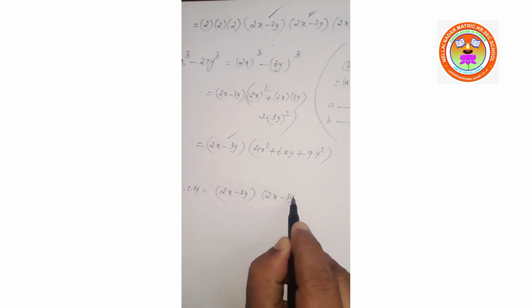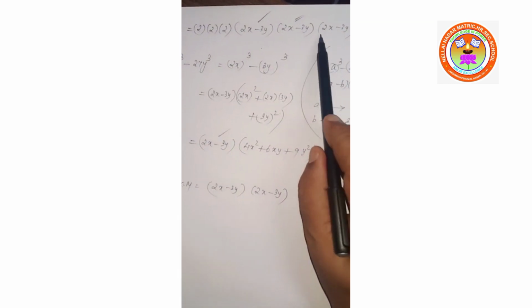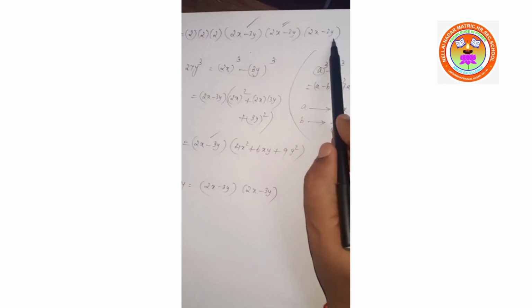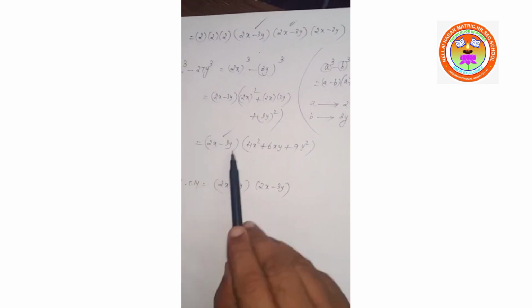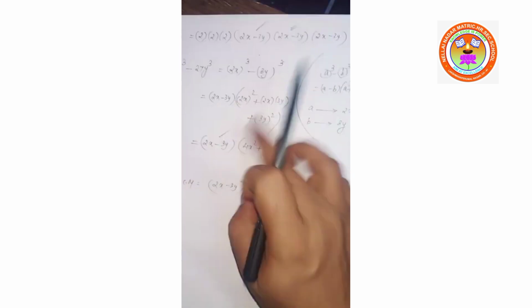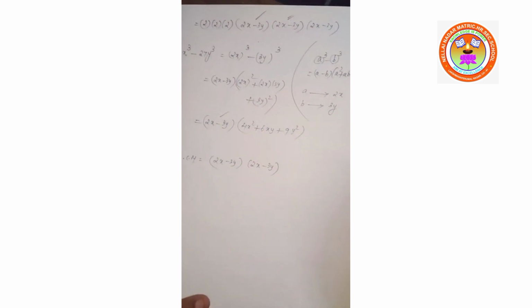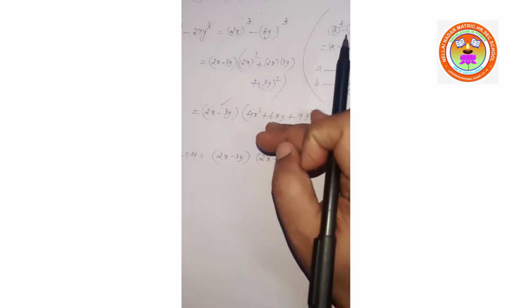Again 2x minus 3y between the first expression and the second expression. Now second expression and third expression, anything common? We have 1 2x minus 3y here. This one we have taken already, so you are not supposed to consider this one. So nothing common.